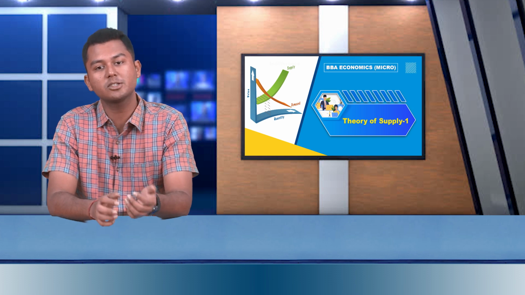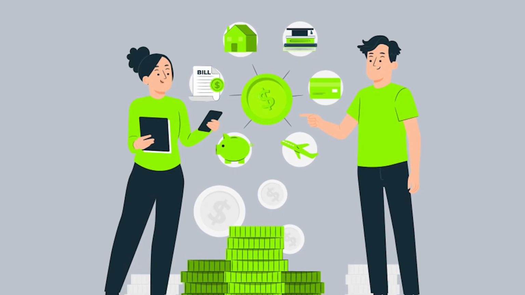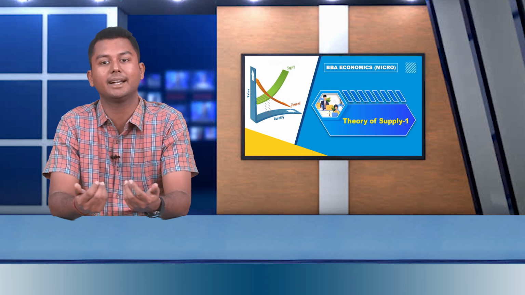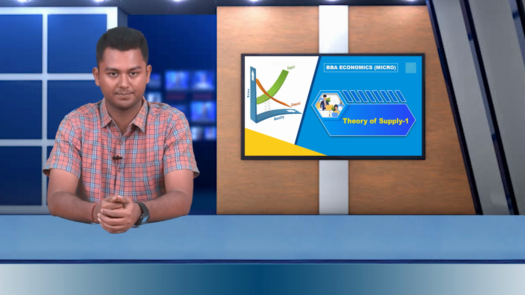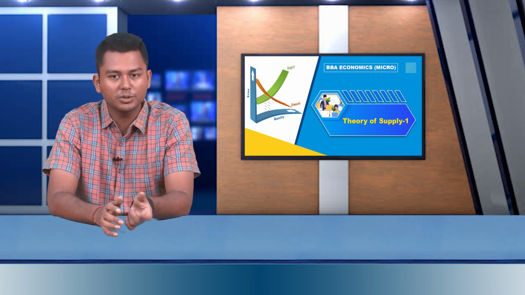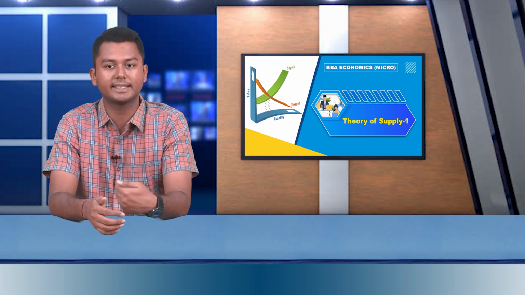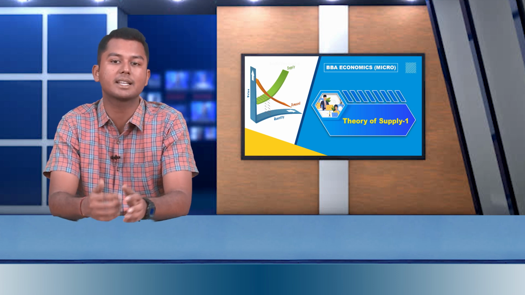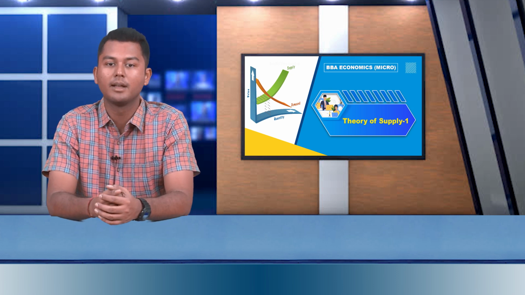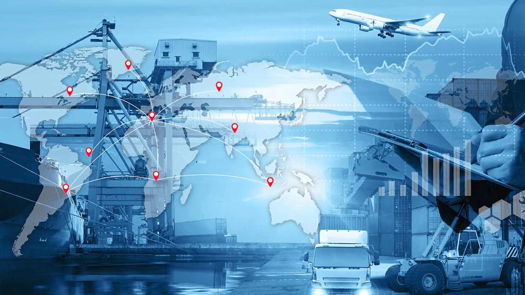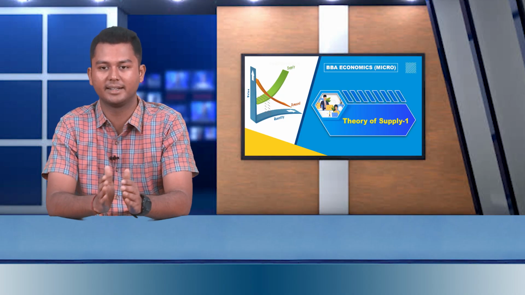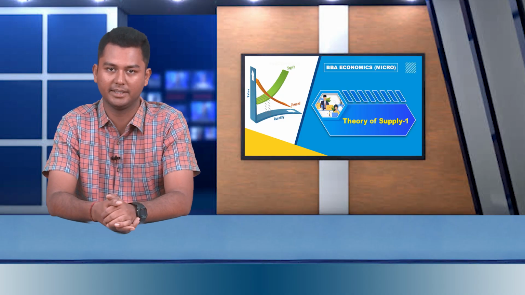Ability to supply means producers must have the necessary resources, technology and capacity to produce the goods. The time dimension is crucial because supply conditions can change over time as technology improves, costs change and market conditions evolve. Supply is always defined for a specific period of time, whether daily, monthly or annually.